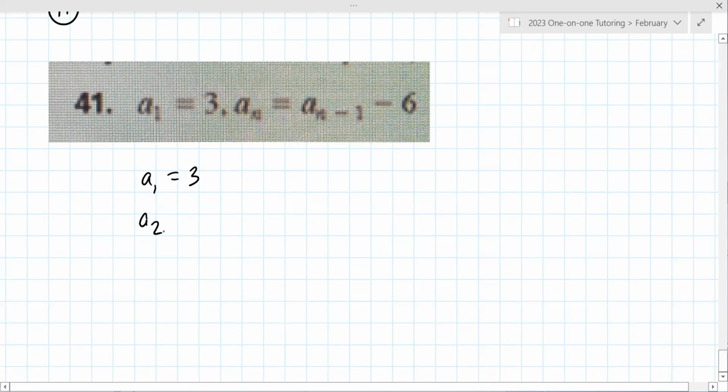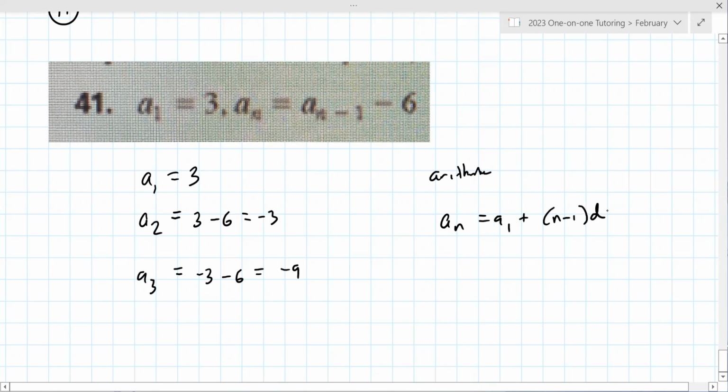The next term is the previous term minus 6, so 3 minus 6, which is -3. The third term is the previous term minus 6, which is -9. What we're supposed to recognize here is that this is arithmetic. So they want you to basically write the arithmetic sequence.